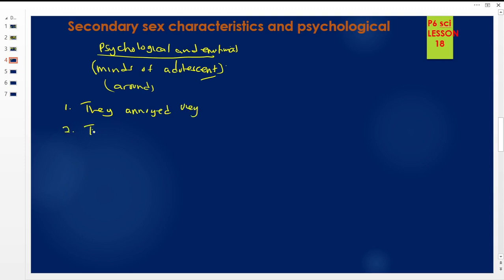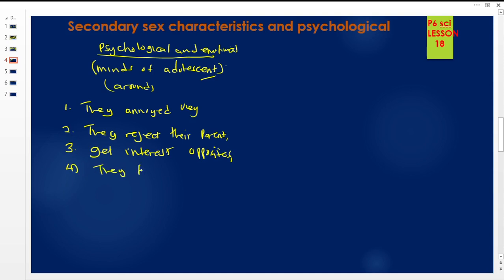Two, they reject their parents' roles, plus teachers' roles. Then three, they get attracted or interested in the opposite sex. So you find boys talking about girls, they start wooing girls, and even girls talk about boys sexually. Then four, they want freedom.